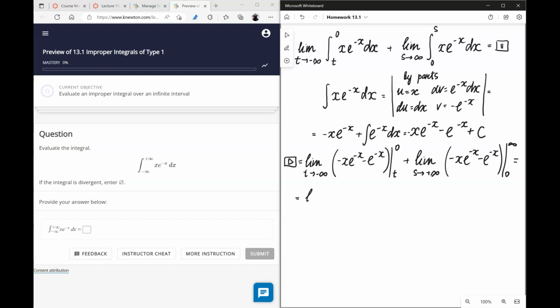So the first limit: we're going to plug in 0 first. So we have negative 0 e to the negative 0 minus e to the negative 0, minus, and now we're going to plug in t. So we have negative t e to the negative t minus e to the negative t.